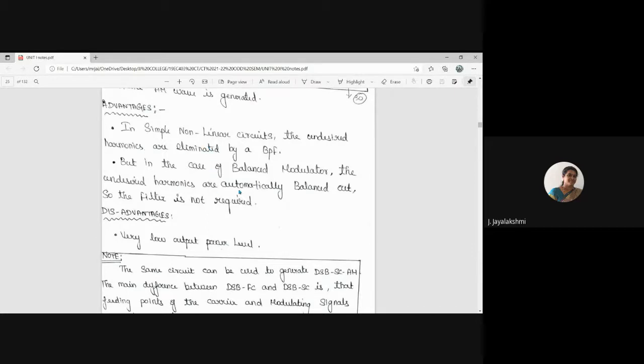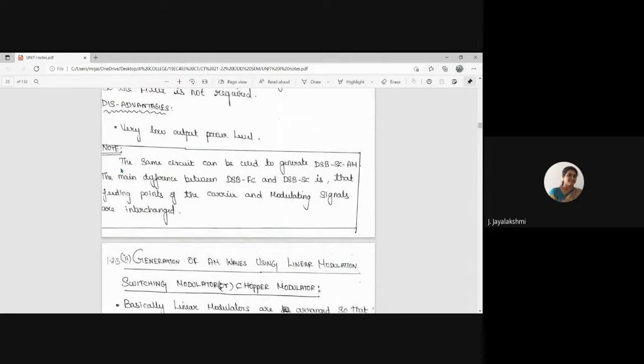Whereas in the balanced modulator, the harmonics are not present; they are automatically balanced by making use of two transistors. Disadvantages: it produces a very low output power level, hence it is called a low level modulator.